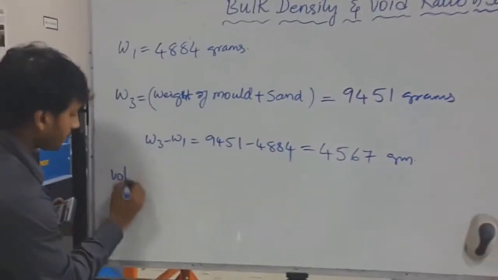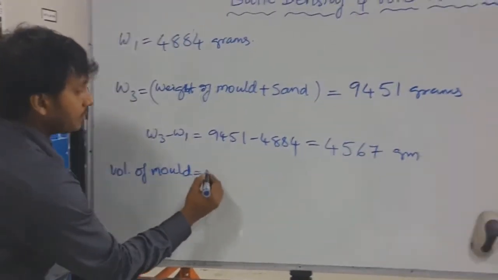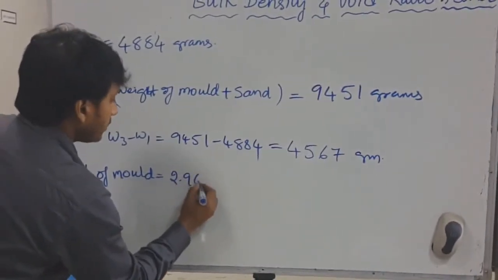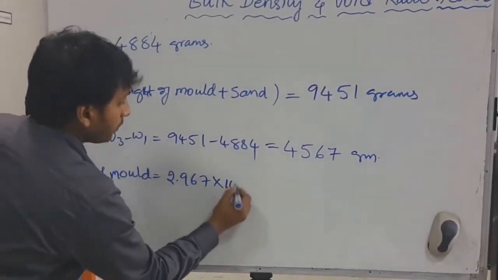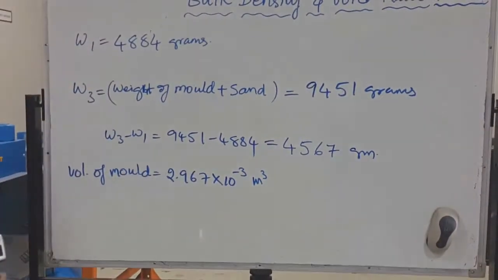So already we determined the volume of mold. Volume of mold is 2.967 into 10 power minus 3 meter cube.